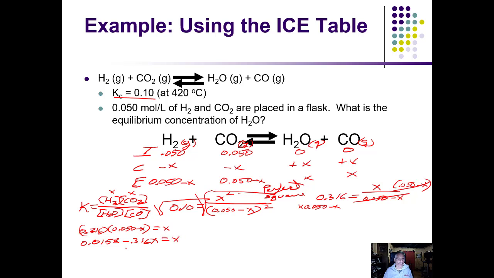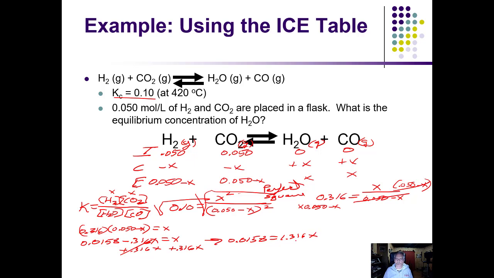I'll go ahead and group my terms by adding 0.316x to both sides. So this is 0.316x. And here it goes away because I've subtracted it there. And this is going to give me 0.0158 is equal to 1.316x.